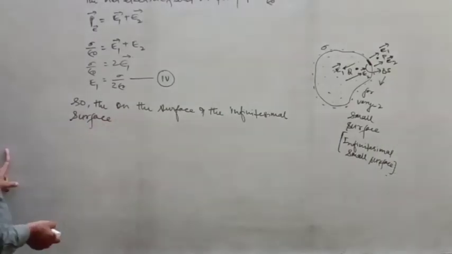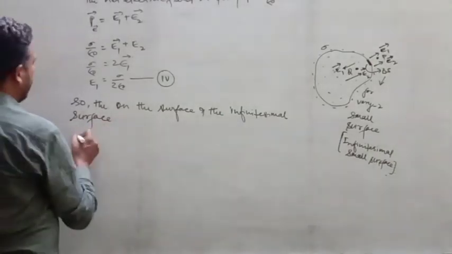So that would also be small, so let it be delta F.